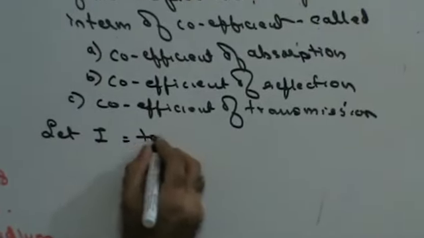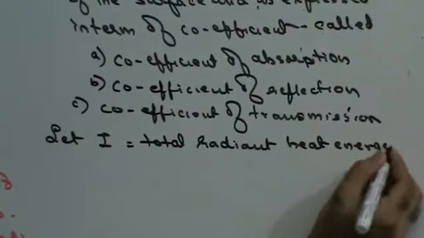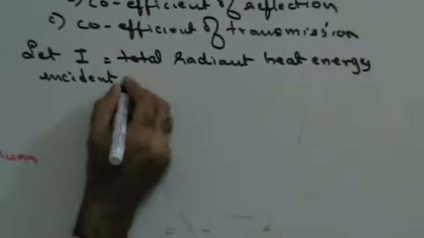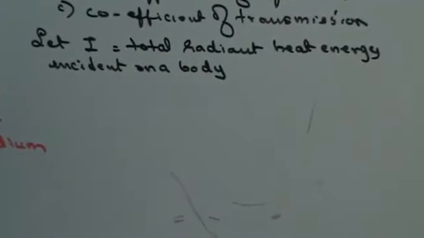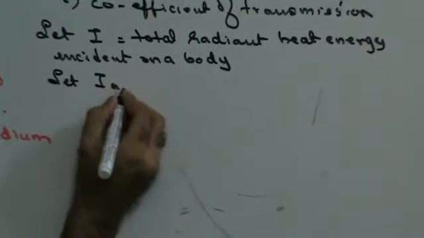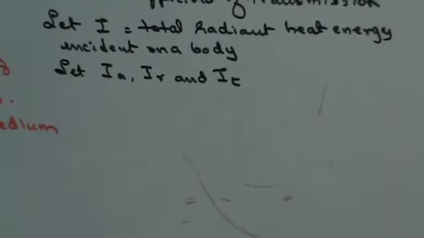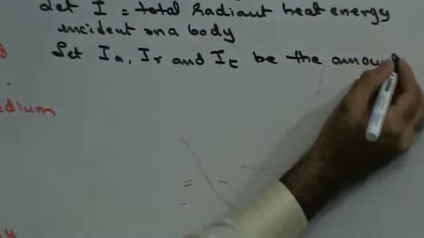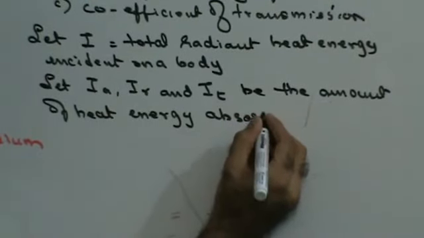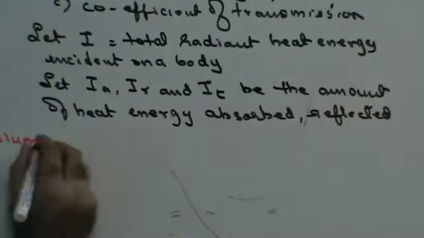Let IA, IR and IT be the amount of heat energy absorbed, reflected and transmitted.